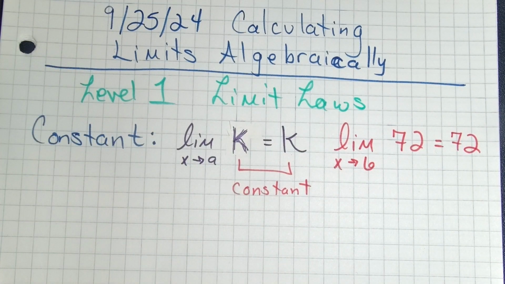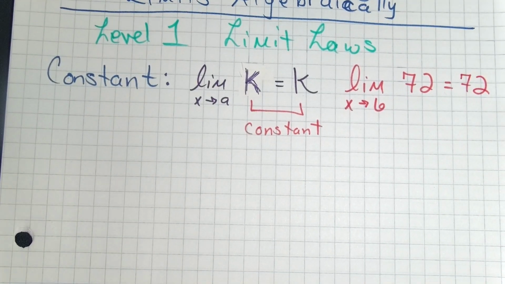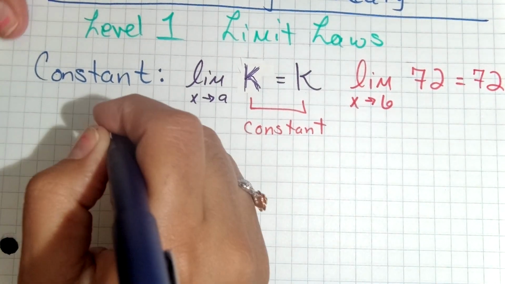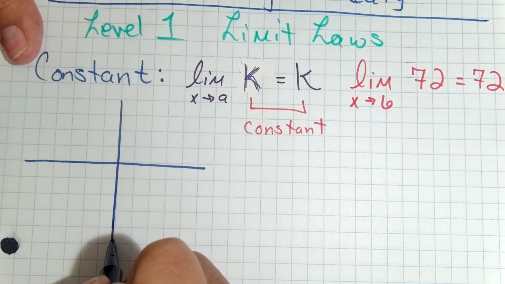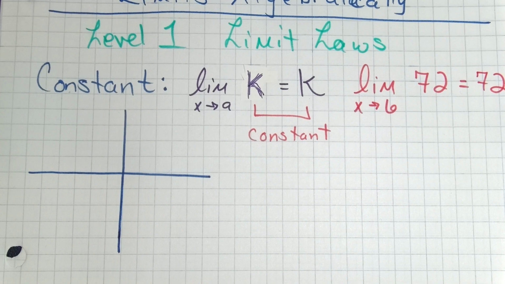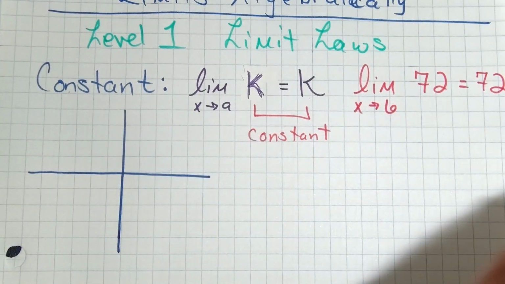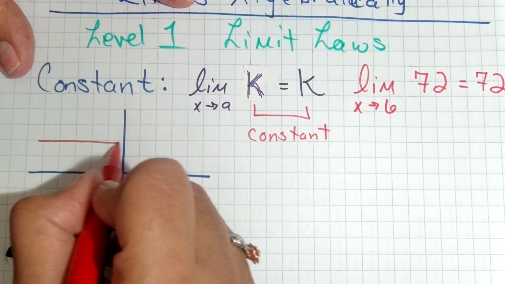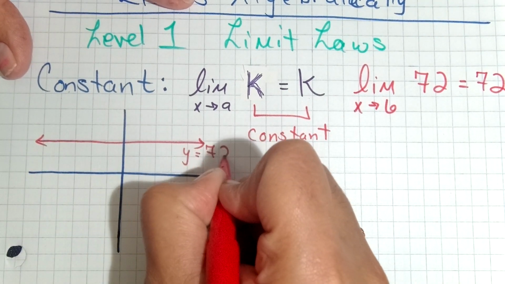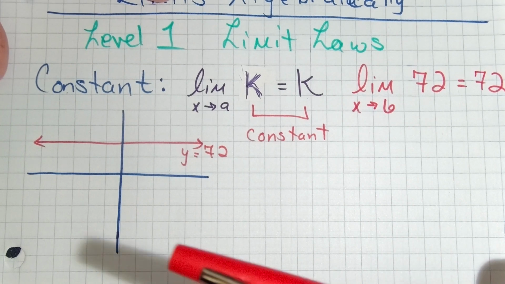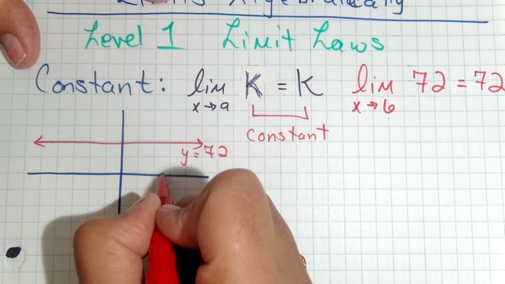Let me show you what I mean graphically, since we've been seeing graphs and limits, okay? So let's say I have this graph. This is y equals 72, and then this is 6.